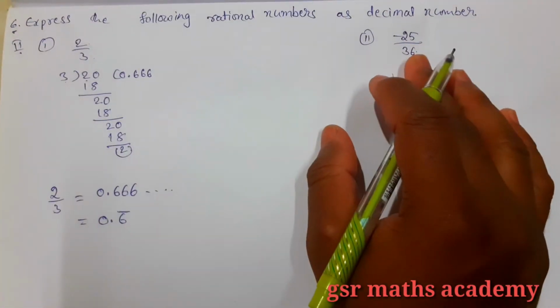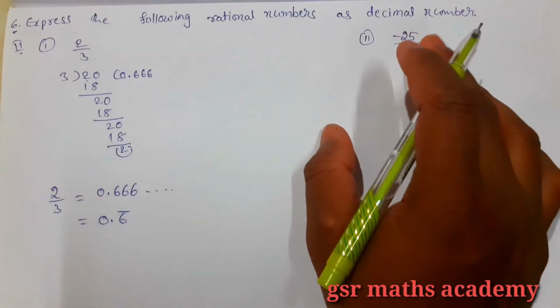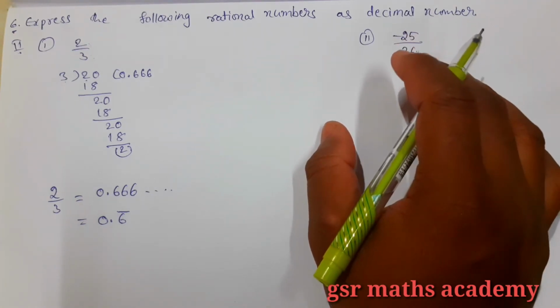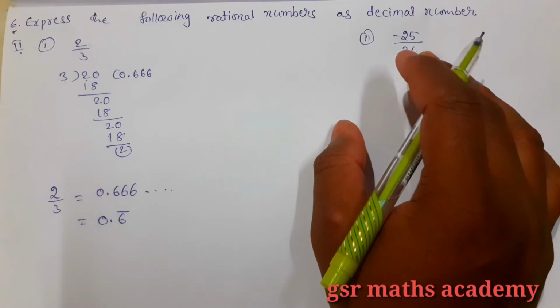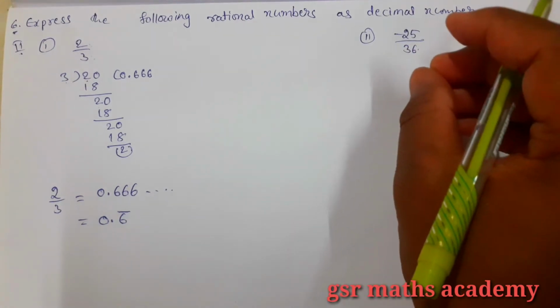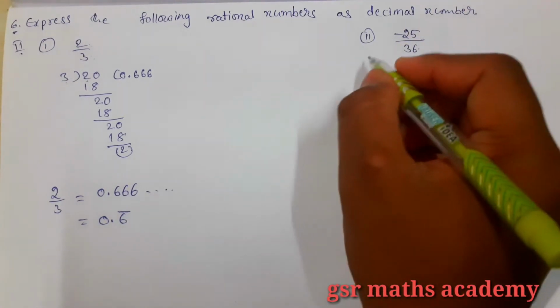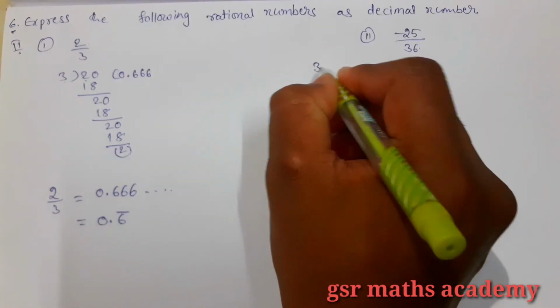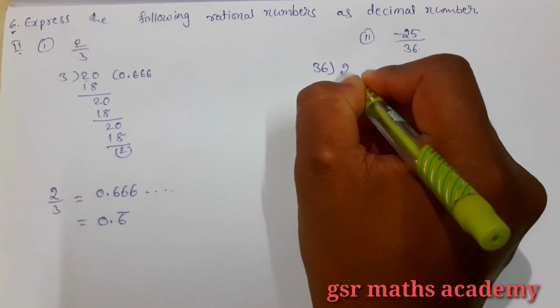In the second question we are given minus 25 by 36. For this, I am going to take it as 25 by 36. To represent this in decimal form, we need to divide the numerator by the denominator.